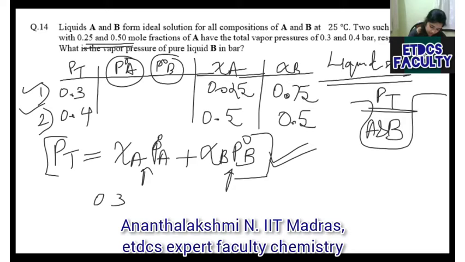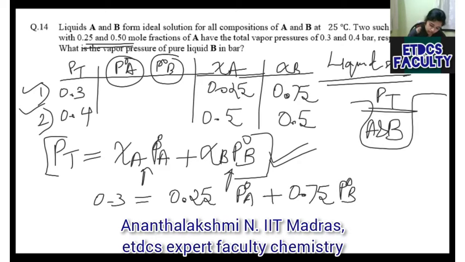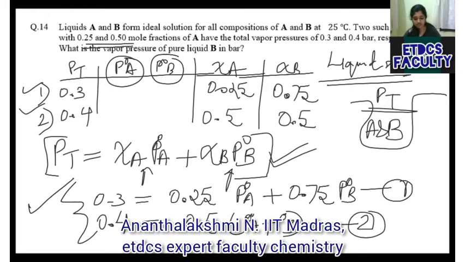So 0.3 is the P total, chi A is 0.25, so 0.25 into P naught A, which we don't know, plus 0.75 P naught B. And we have 0.4 equals 0.5 P naught A plus 0.5 P naught B. Okay, so there are two equations and two variables. If we solve, we'll get P naught B. I'm not solving it, you can solve it. It's just a linear equation solving question. Okay, so this was easy.